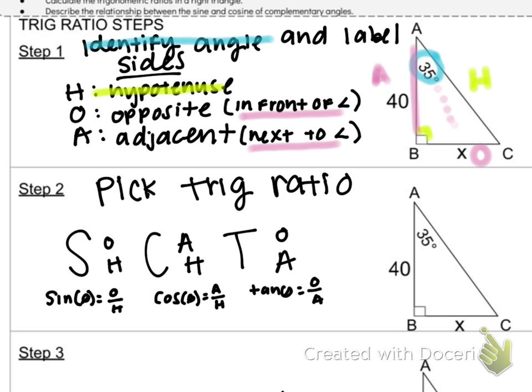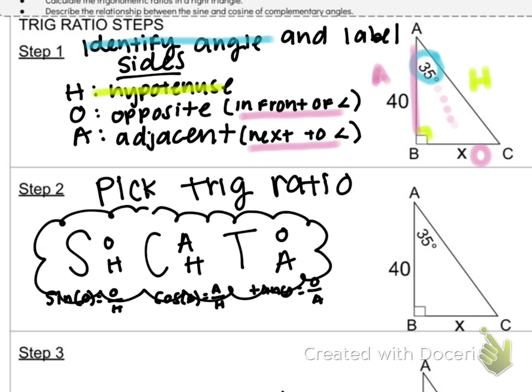All right, so the way that you're going to pick your trig ratio is, I'm just going to copy everything that I had written on this triangle down here, and I'm going to show you really quick how you would do these types of questions. So you're going to put your labels. Once you have your labels, the one that you pick depends on what information is given to you. So look at the sides and which ones are labeled.